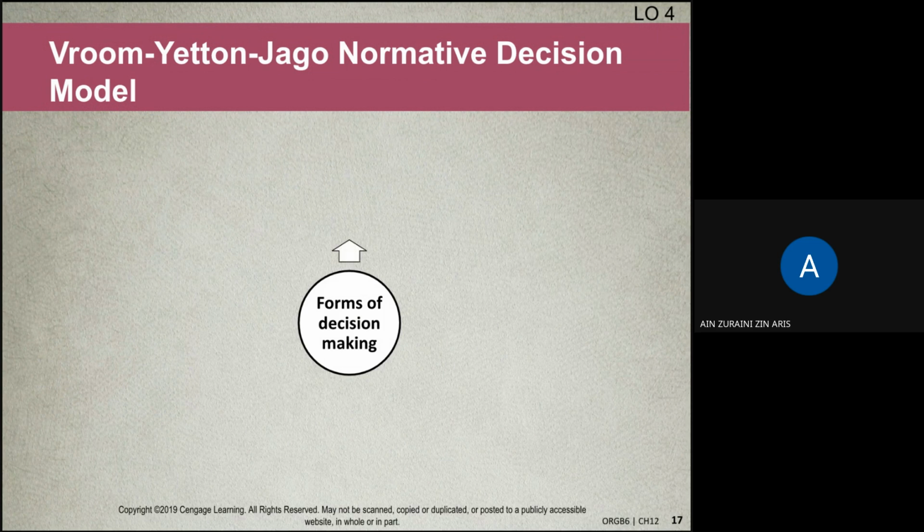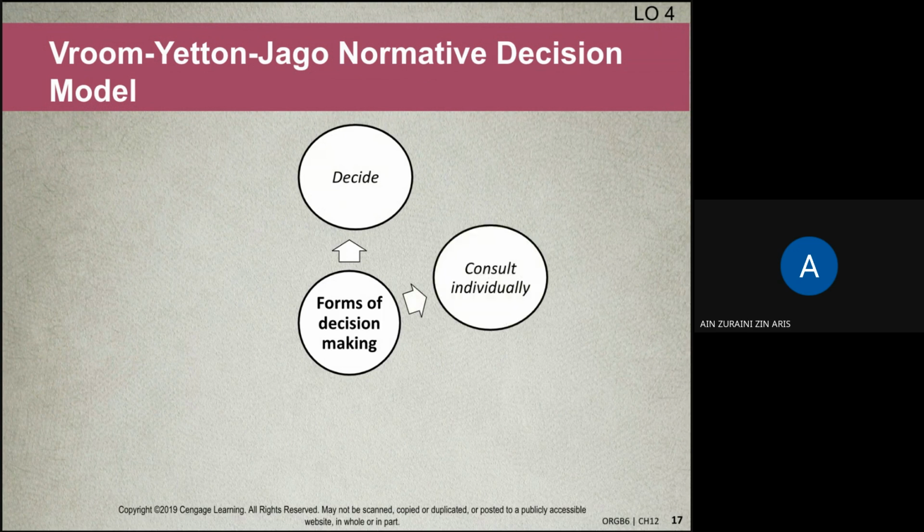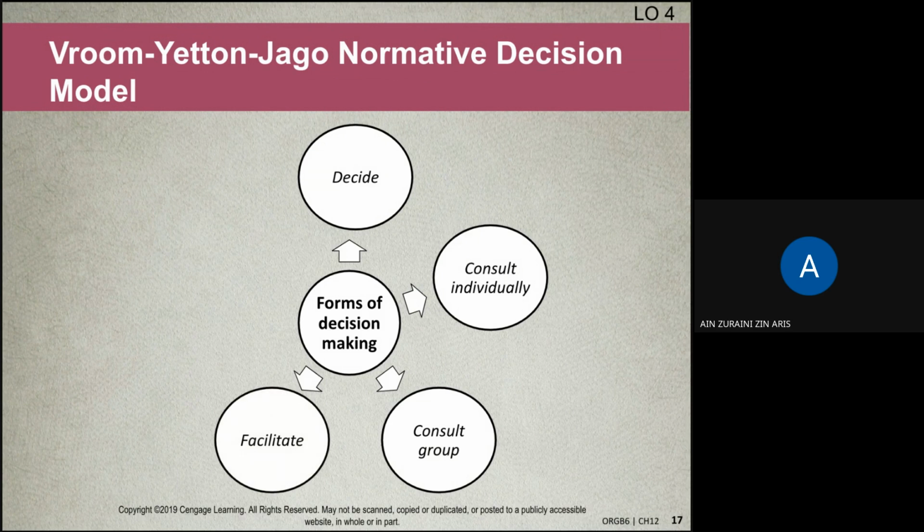Okay, so now we will move to another contingency theory. So far, we have looked at two contingency theories previously, which are Fiedler's and also path goal theory. Okay, so now let's move to another contingency theory that focuses not on general leadership styles or motivation, but on how leaders make decisions and how much participation they allow from followers.